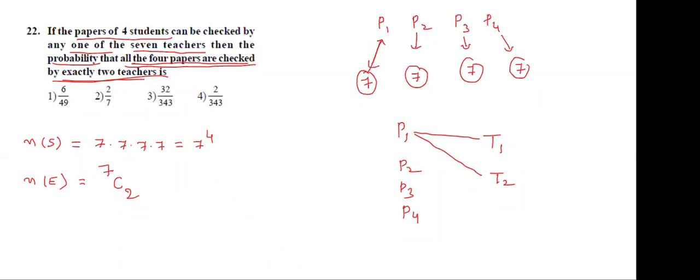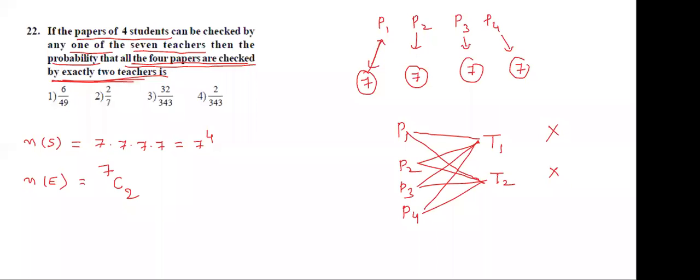Okay, but all papers cannot be verified by only one teacher. This case is not possible. All 4 papers cannot be verified by only one teacher. See here, all the 4 papers are checked by exactly 2 teachers, not a single teacher. This case is not possible.